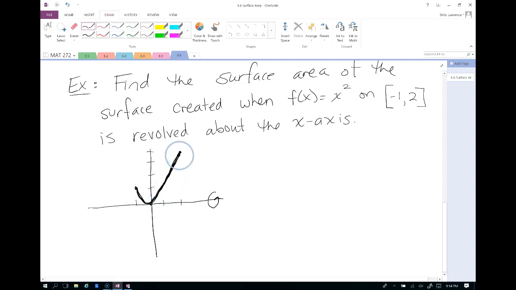So after we revolve it 180 degrees, we'll have the exact replica or reflection of it below the x-axis. In between all of the corresponding points, we'll have these little arcs. So there's 180 degrees, and then back around to where it started, 360.